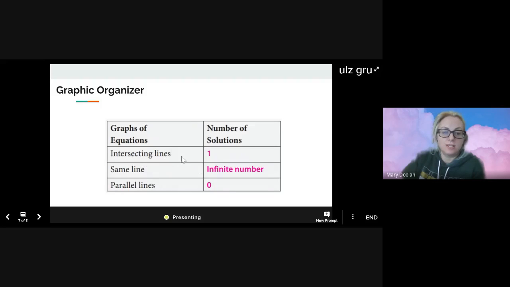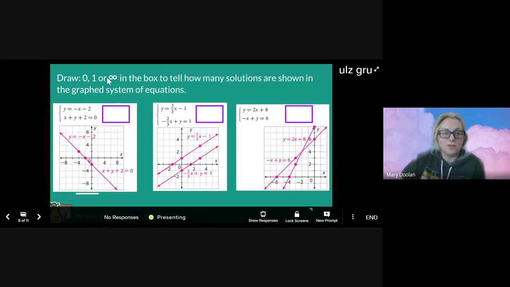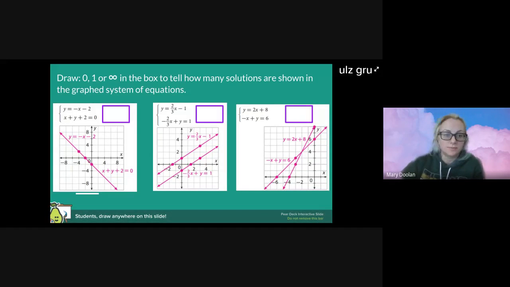Find the intersecting lines, and there's one solution. Find where it's the same line, and you write there's an infinite amount, or you can write the infinity symbol. There are 3 examples of 3 systems that are graphed. Tell me, how many solutions does each picture have? I don't think we need quite 3 minutes or 5 minutes for this, maybe 2 minutes.